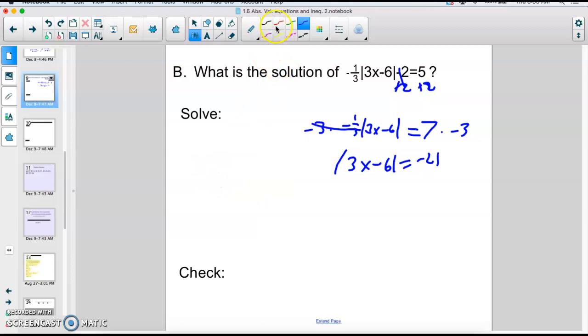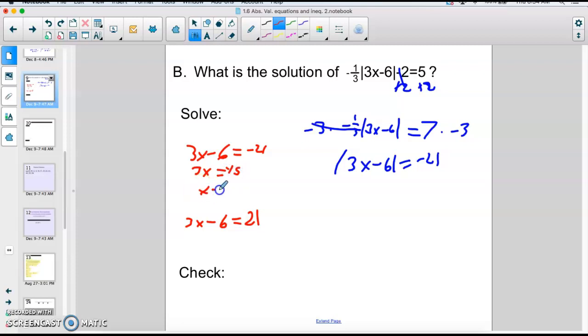Okay, and now we play our scenarios here. 3x minus 6 equals negative 21. Or we could do 3x minus 6 is positive 21, right? We're switching the sign. So we add 6 and we get negative 15.